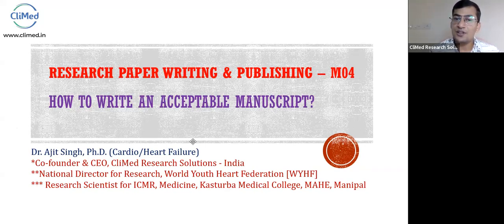They just want to ensure that your manuscript is written within the word limit, and that you are citing the references in the given way. Those are things you can meet easily. But an acceptable manuscript has certain parameters which you are working on, and which should meet the scientific criteria. So what are those scientific criteria?